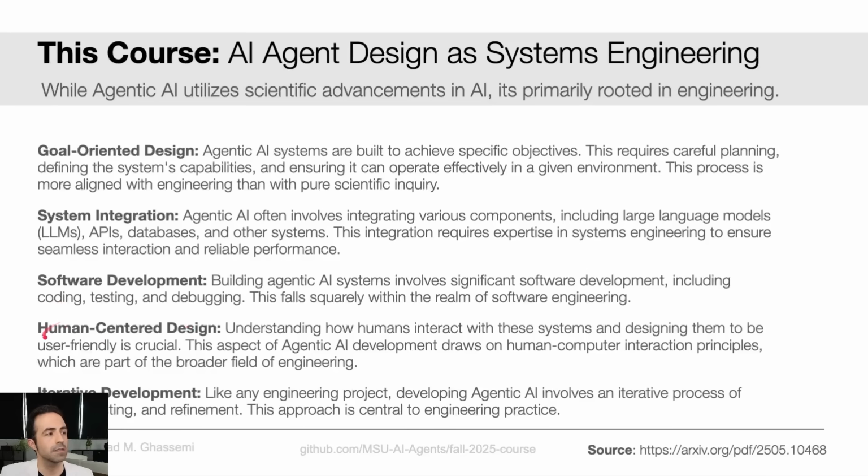And human-centered design is also critical here because if you want an AI system to ultimately transact with a human being, you have to understand how the human beings are going to interact with the systems and make sure that you're friendly to those common interaction patterns. The final one here is iterative development. So like any engineering project, developing agentic AI involves an iterative process of design, testing, and refinement. That's central to any engineering practice.